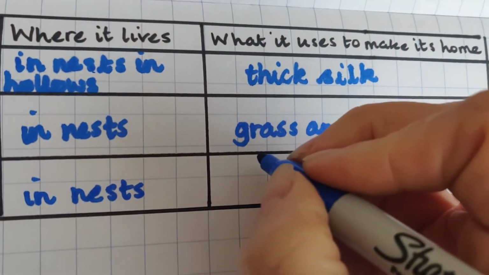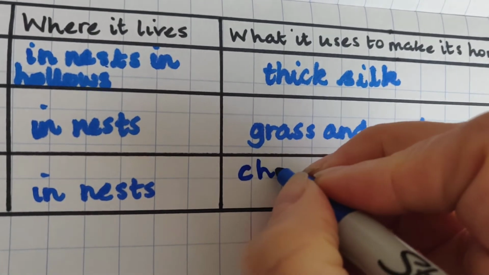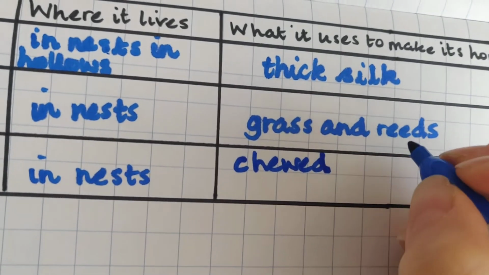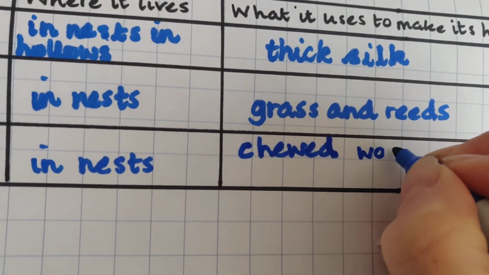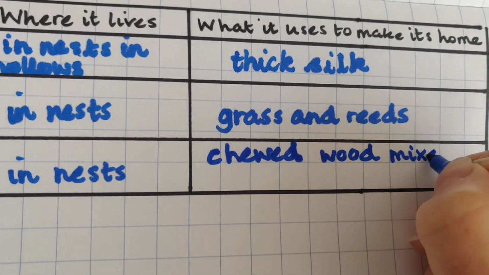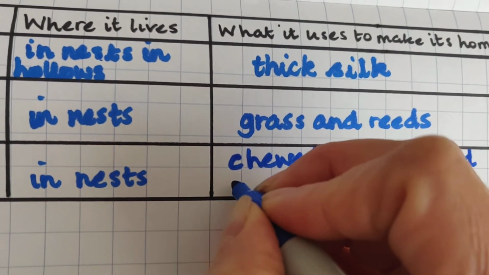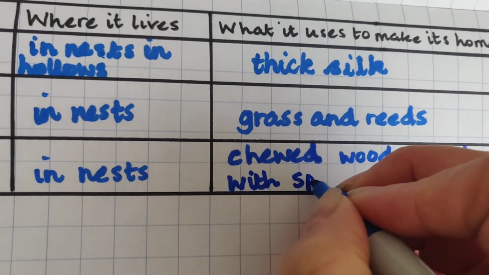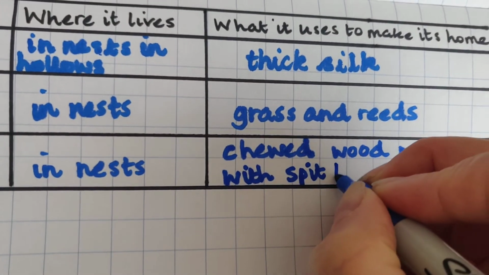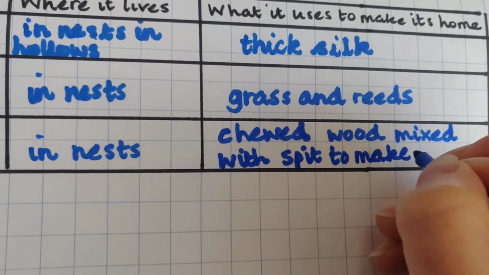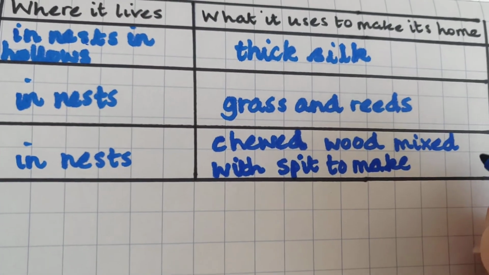So what they use is chewed wood mixed with spit to make paper.